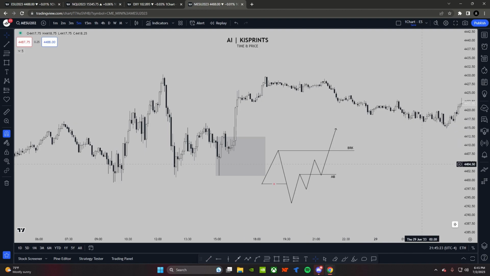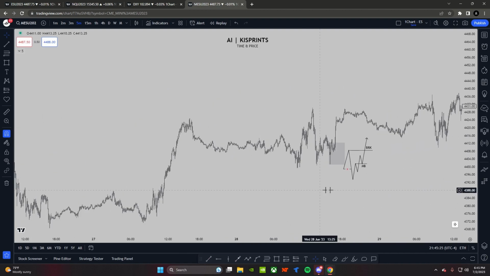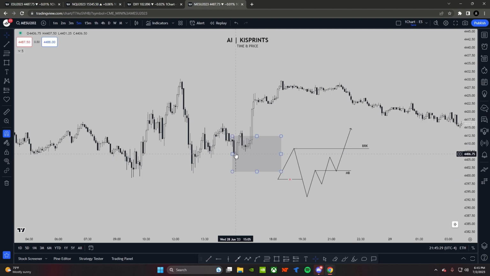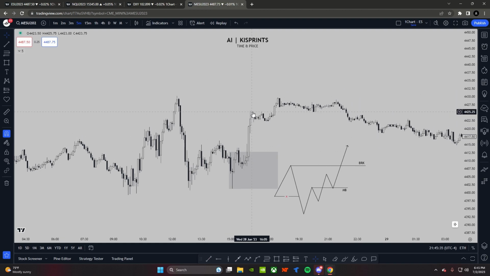So you get your mitigation block, and you could take your bodies or the candle, but you would want to see displacement after. So you have your displacement after.